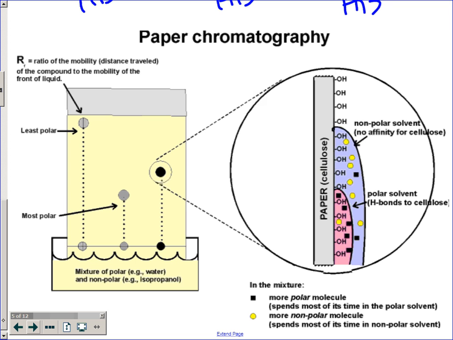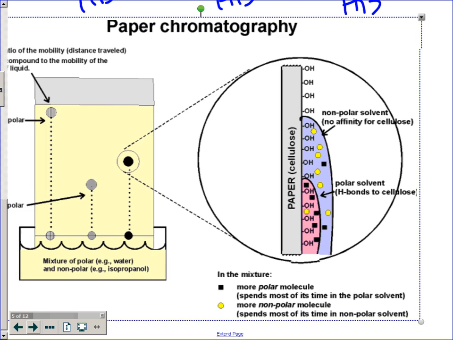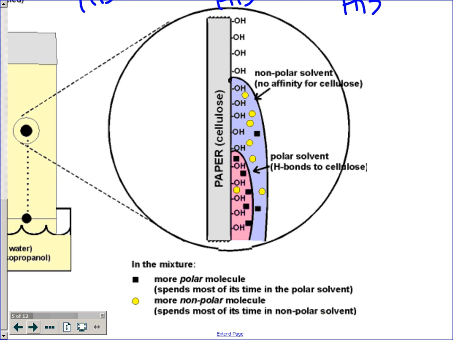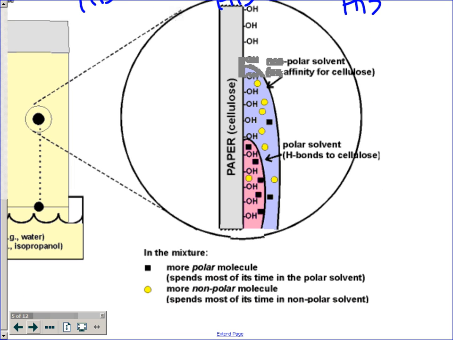So you have, I thought this image was better. You have, I'll let you read this first so you can see the legend. The black squares are more polar molecules within the dye or the mixture. And then the yellows are the more non-polar molecules inside of the mixture.